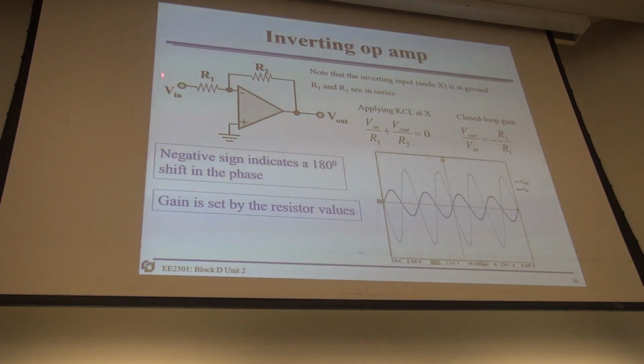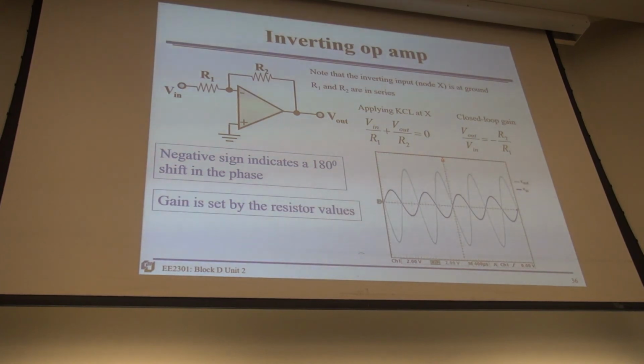Then you simply say the current here added together should be 0 because the current here is 0. It's not magic, it's a reality actually. So if you put something like this, you check on an oscilloscope the in and out, you compare. See, the phase is different.